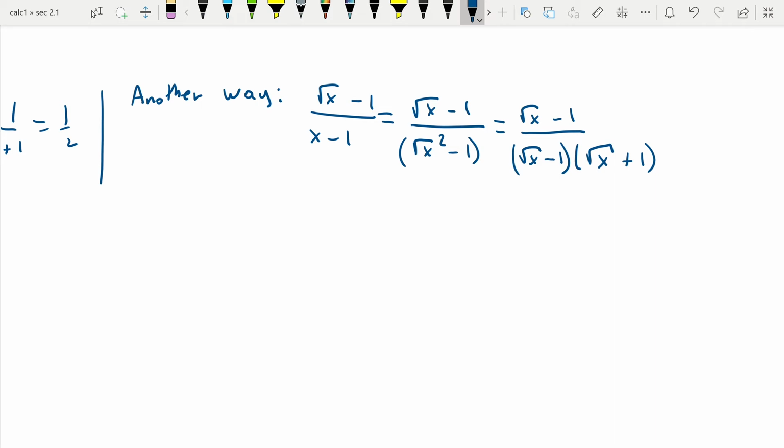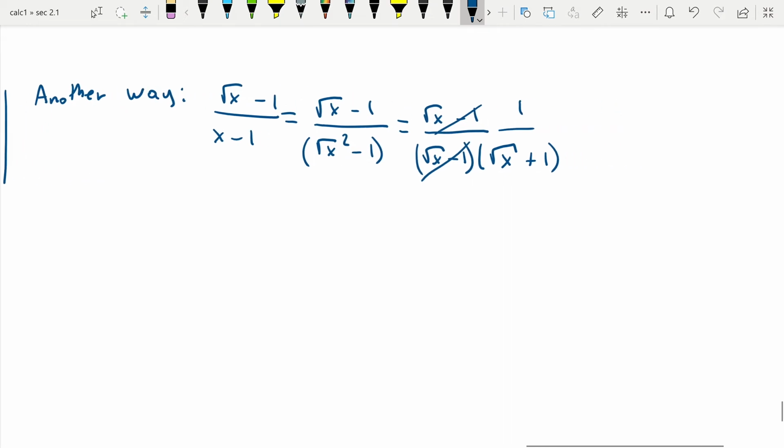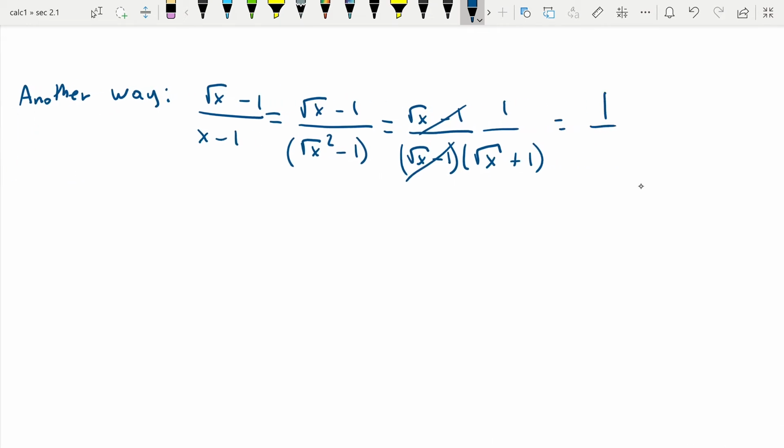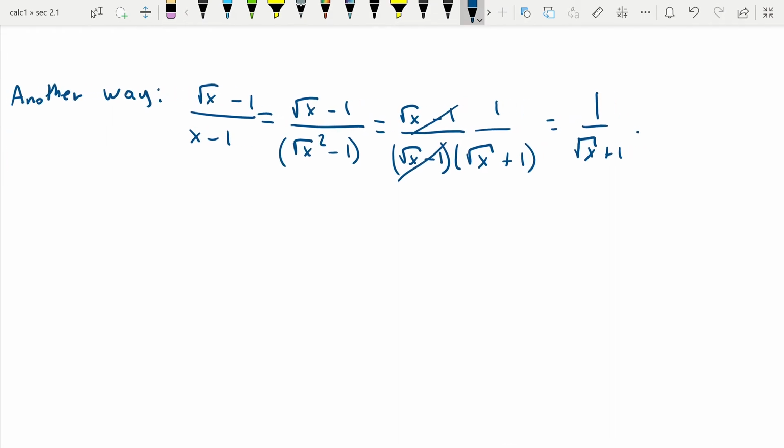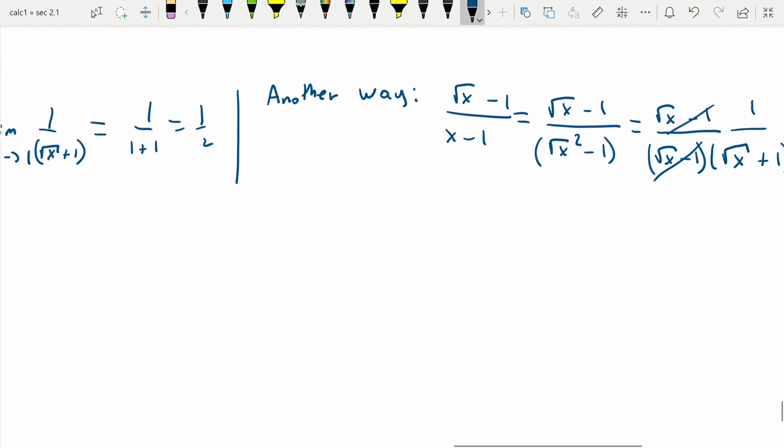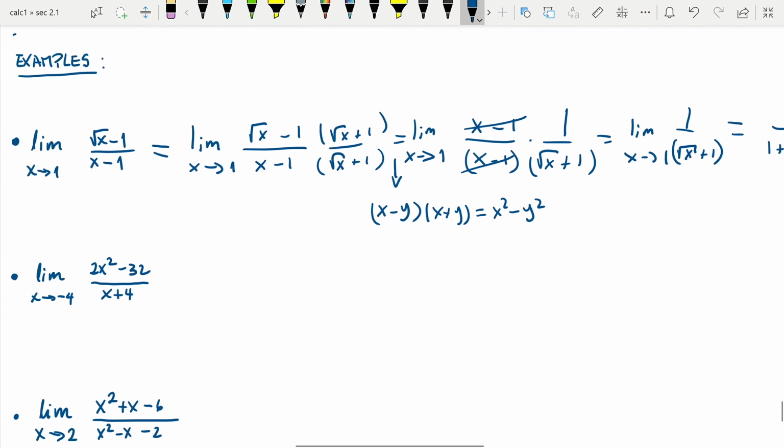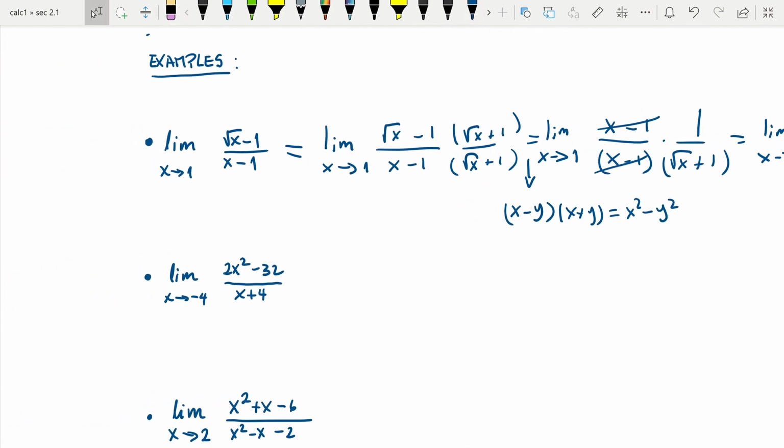And here again, x is not allowed to take on the value 1, so we can simplify and get the same algebraic expression that we evaluated at the end. So we can continue like before to obtain 1 over 2 as our limit.